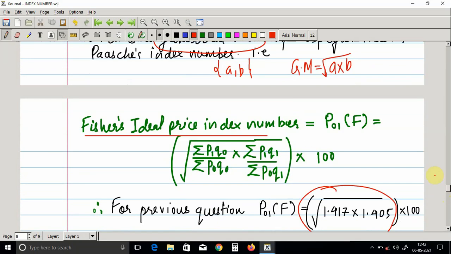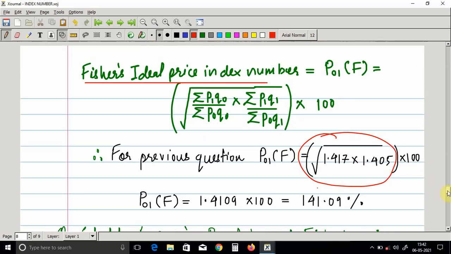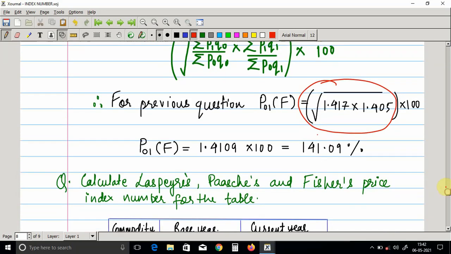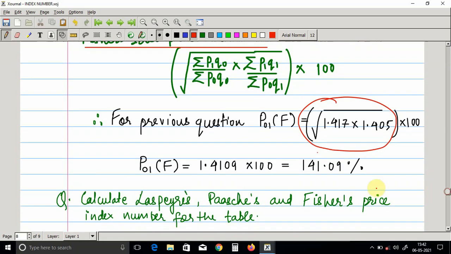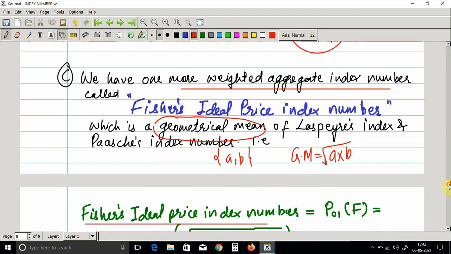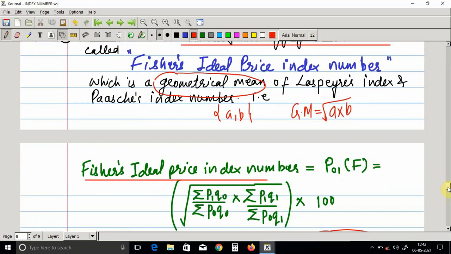If I ask you to find the Fisher ideal price index number, you need to find the Paasche and Laspeyres index numbers. Then only you can find the geometrical mean. Now we have one more index number which depends on these two things. You may ask, why have I taken the geometrical mean, why not the arithmetic mean?